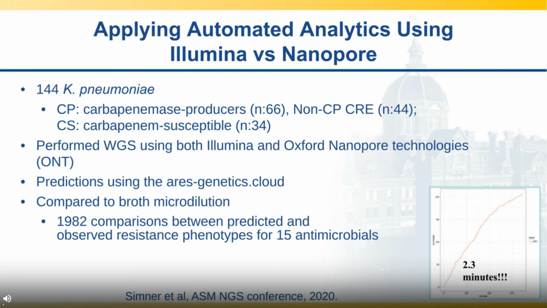So we have both Illumina and nanopore sequencing results for all of our isolates to help us with genome assembly to define resistance as well as mechanisms of spread, etc. But we use this data here to assess how the pipeline would do with Illumina data on its own and with nanopore data on its own. And so we used the Aries Genetics Cloud pipeline, compared to broth microdilution, and created 1,982 comparisons between the predicted and observed resistance phenotypes for 19 antimicrobials.